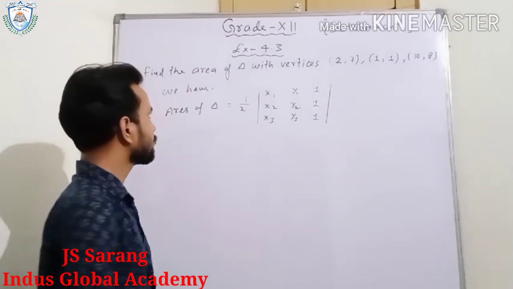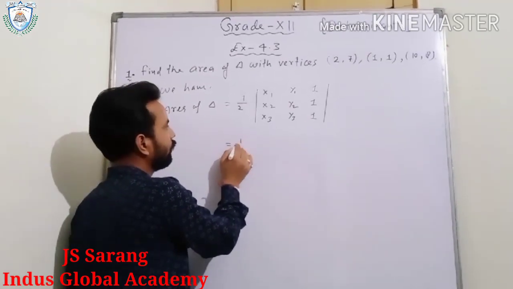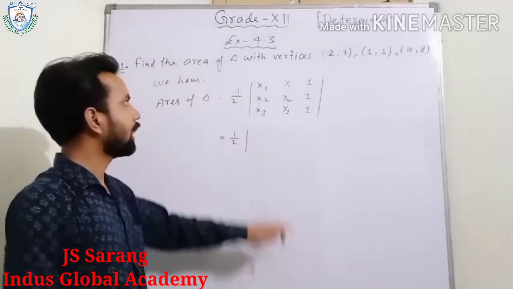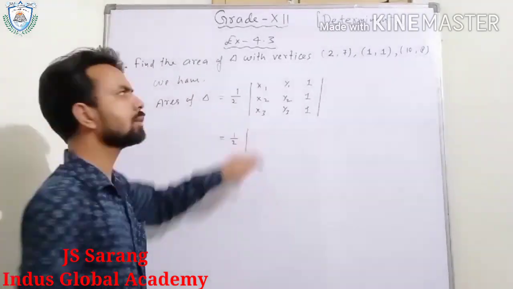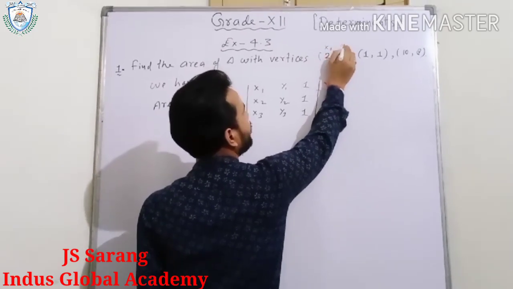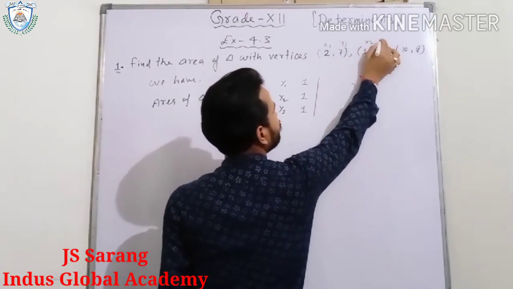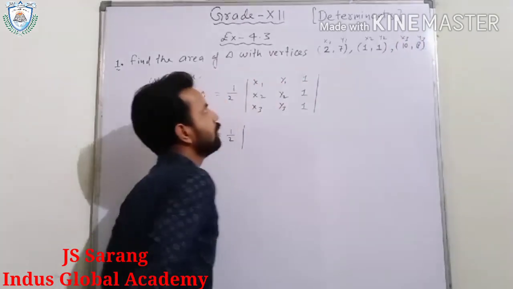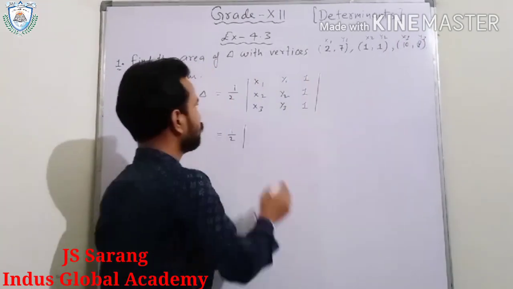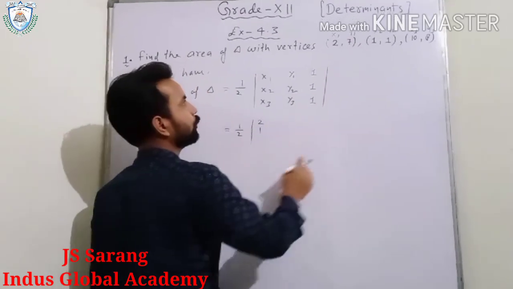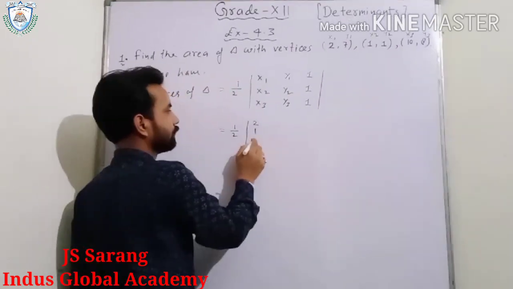Clear? Now see, 1 upon 2 will remain the same. x1, x2 and x3 are the x-coordinates of the vertices. This is x1, y1, this is x2, y2 and this is x3, y3. So x1 is 2, we write 2 here. x2 is 1, we put it here. x3 is 10.